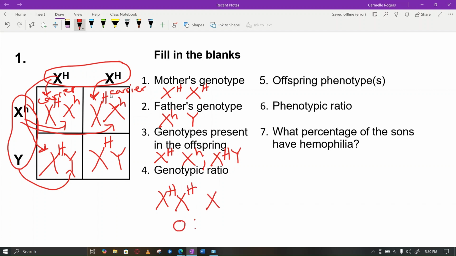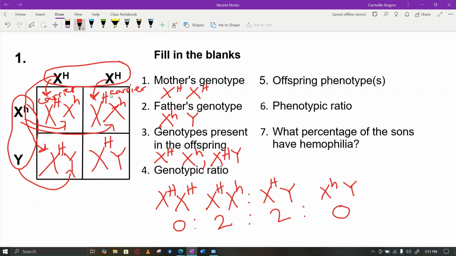Then we have the X capital H, X lowercase h, we have 2. Then the X capital H and Y, we have 2. And then the X lowercase h and Y, we don't have any. So 0 to 2 to 2 to 0.